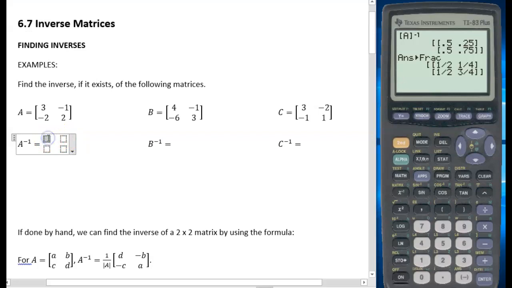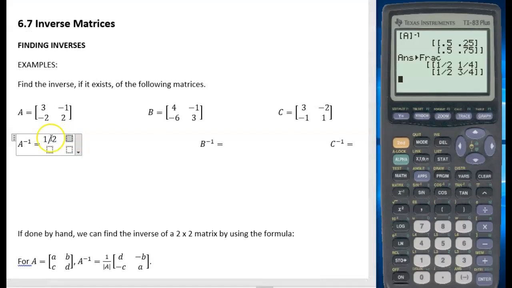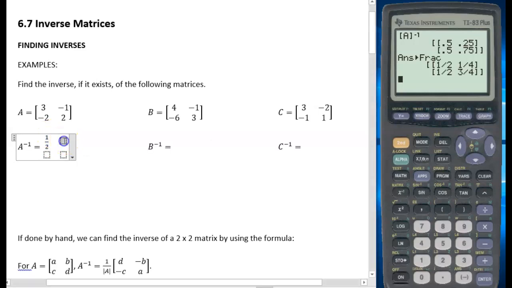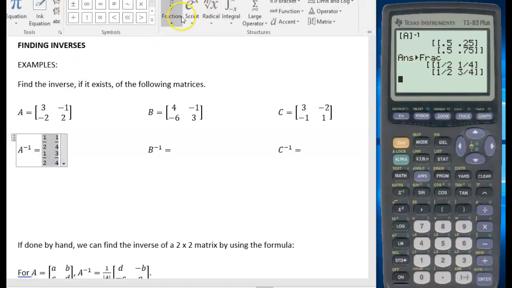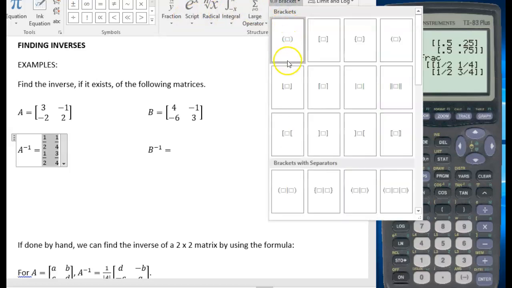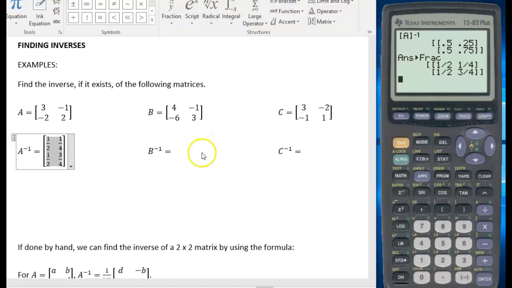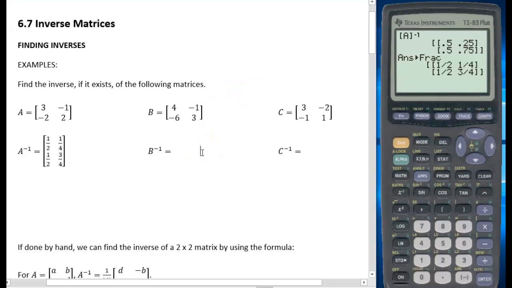So I have 1/2, and 1/4, and 1/2, and 3/4. I'll put brackets around the whole thing, because that's what we do with matrices, just to hold them all together.